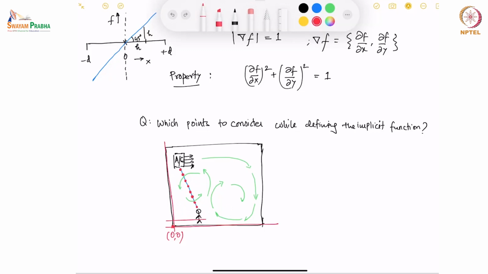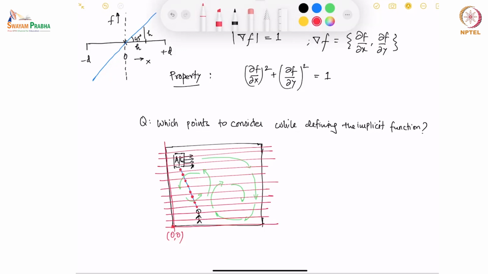So one strategy is to regularly sample. I create a grid of points like this, and let me complete that. A horizontal set of lines, and then to complete it, I'm going to create a vertical set of lines, and this will give me a set of grid points.